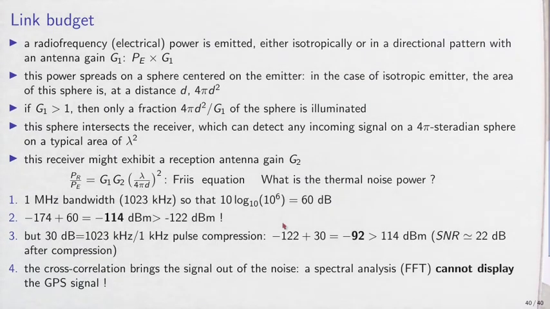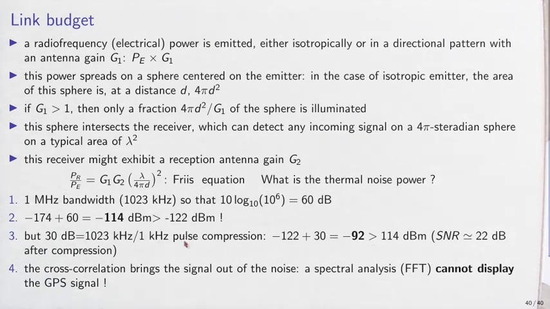Comparing this with the thermal noise, the bandwidth of the signal is 1 megahertz, or that's 60 dB above the thermal noise floor at room temperature of minus 174 dBm per hertz, and that means that the thermal noise is minus 114 dBm, which is above minus 122 dBm.